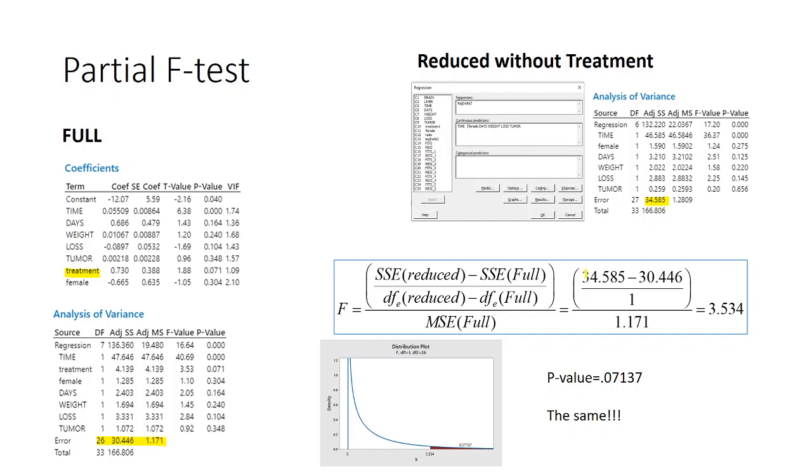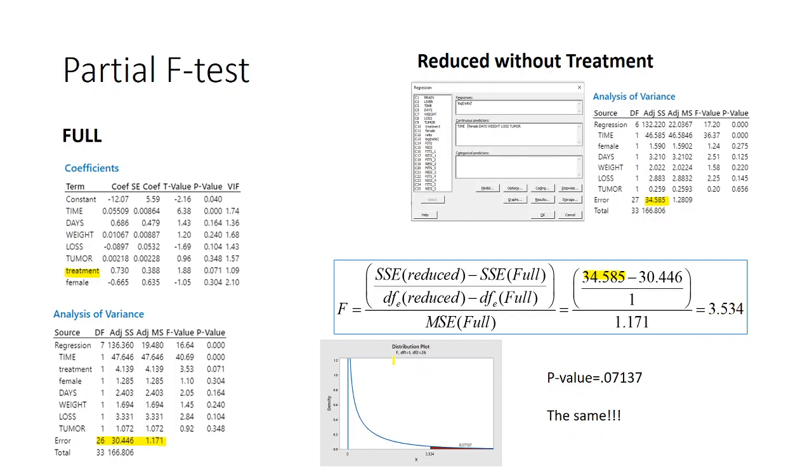So I take 34.585 minus 30.446. I eliminated one predictor, so my degrees of freedom in the denominator will be 1. Then I divide by the mean squared error, 1.171, and I get 3.534.